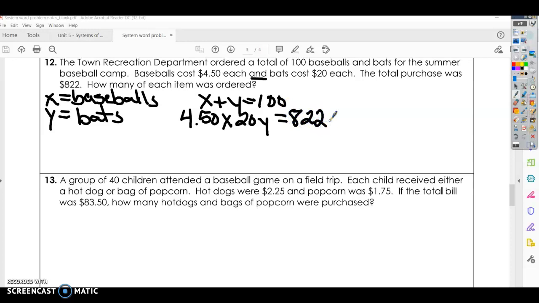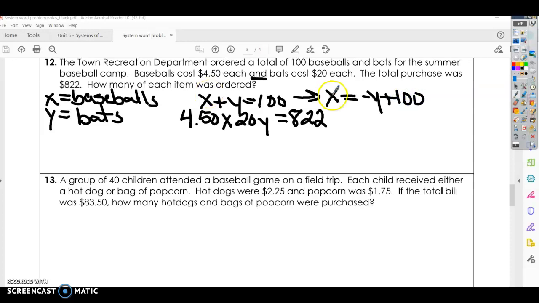All right, now we're going to write a system of equations, and this time let's use substitution. Since we have one variable here and it'd be easy to solve, let's rewrite this and subtract y. So x equals negative y plus 100. And again, this is just easier this time than elimination.